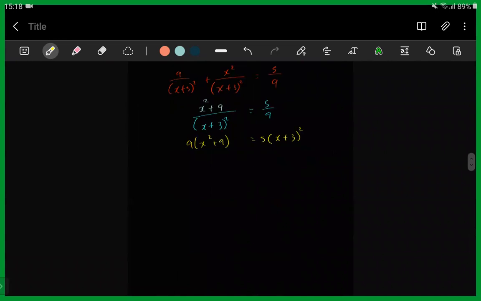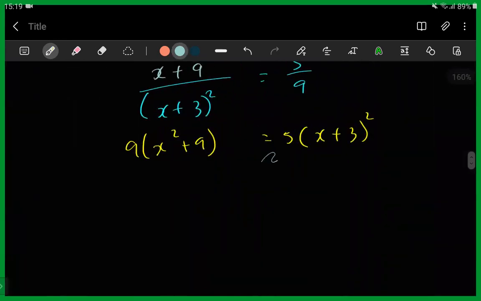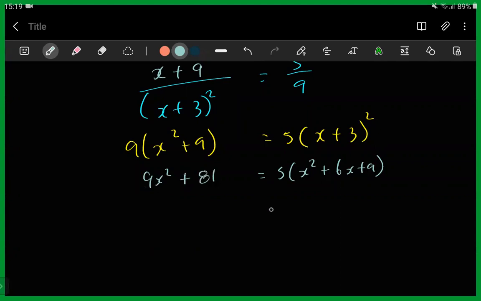So let's carry on here. What do we need to do? X plus 3, right? So it's 5 here. X plus 3, if you're gonna FOIL that, you're gonna have 6x plus 9 here. Then here you're gonna have 9x squared plus 81. Multiplying inside, you're gonna have 5x squared plus 30x plus 45.